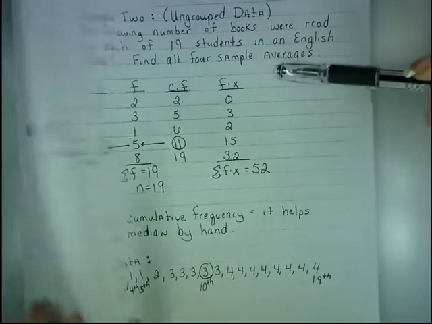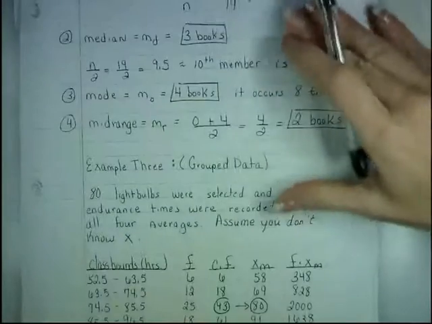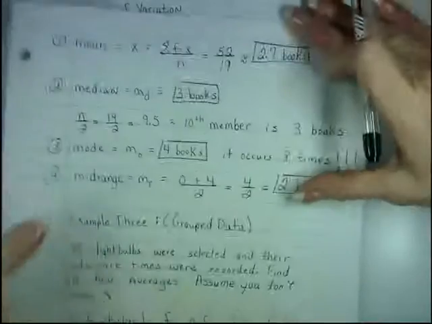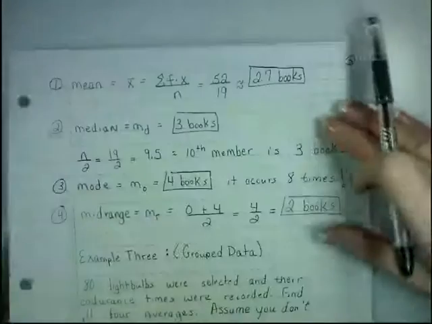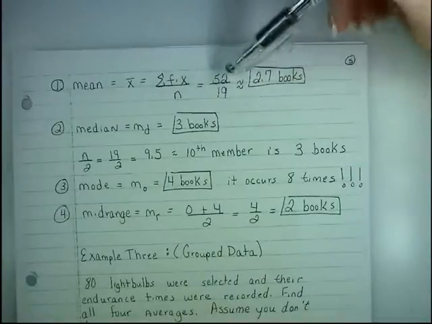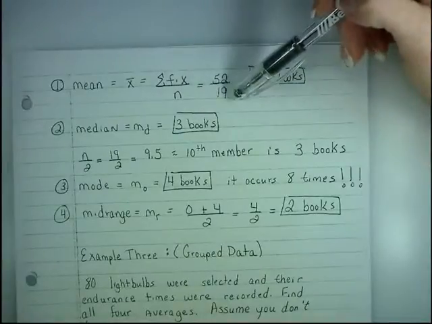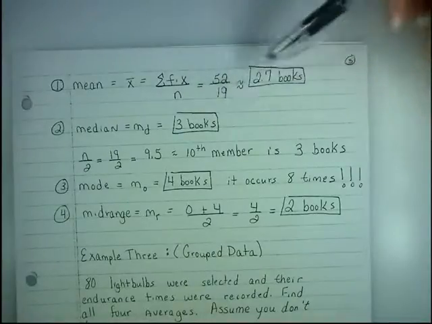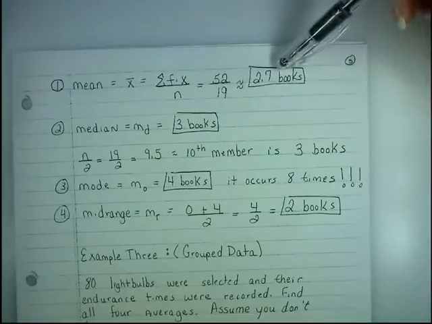So for the mean, we will take the formula, the summation of F times X divided by N, which is the summation of the data divided by 19, the sample size, and we get 2.7 textbooks.